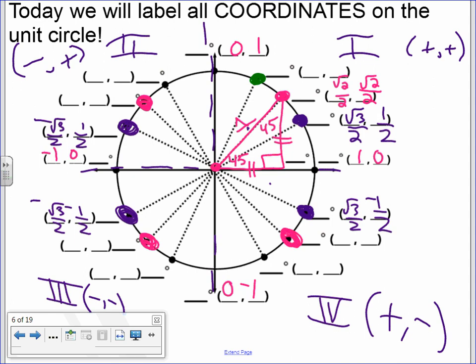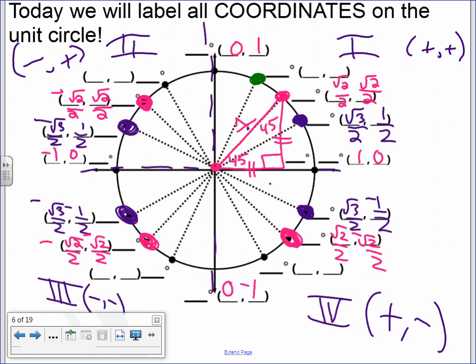Every single one is radical 2 over 2 with negatives placed appropriately depending on quadrant. Oh, I forgot my negatives over here. Over here in quadrant 3, they're both negatives. In quadrant 4, the second one's negative.